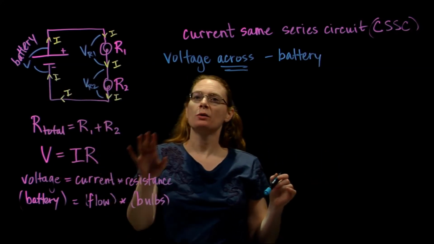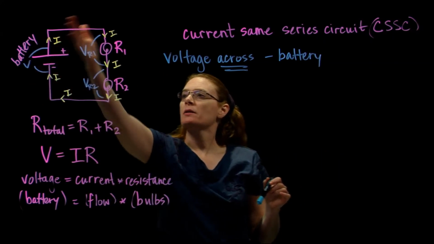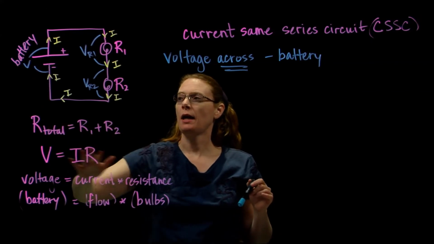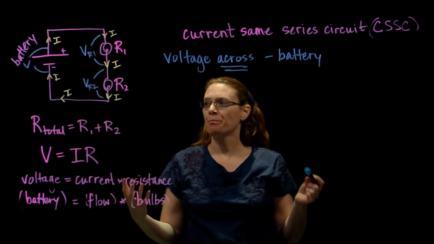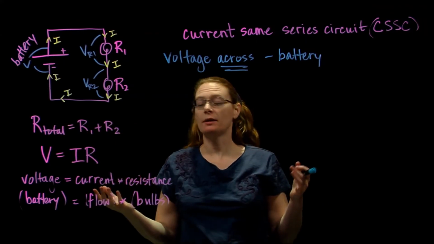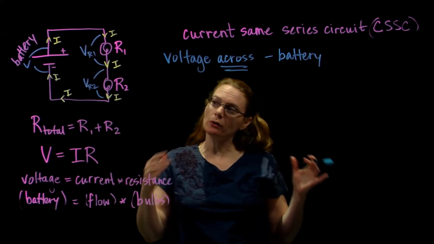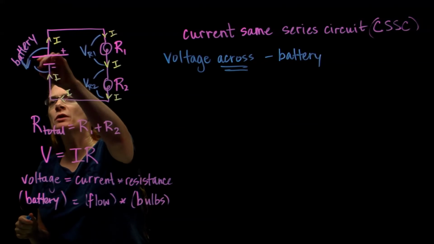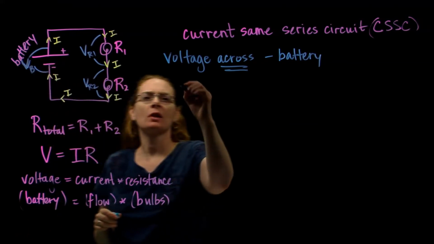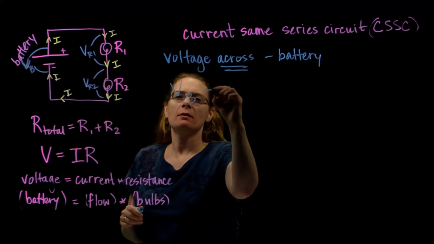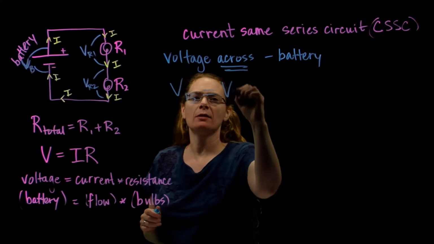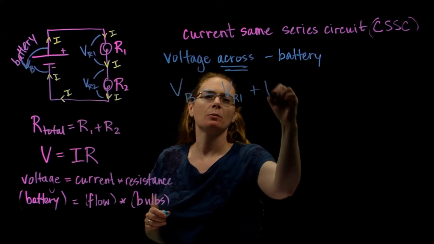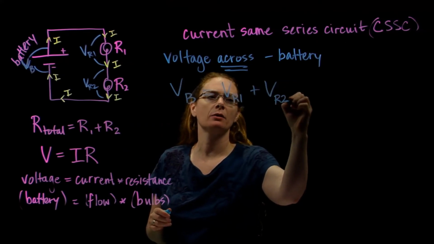And so the voltage in a series circuit has got to all add up to, you can think of it as adding up to balance it out, or you can say it adds up to 0. So we have the voltage across the battery, and that has to be the same as the voltage across R1 plus the voltage across R2.